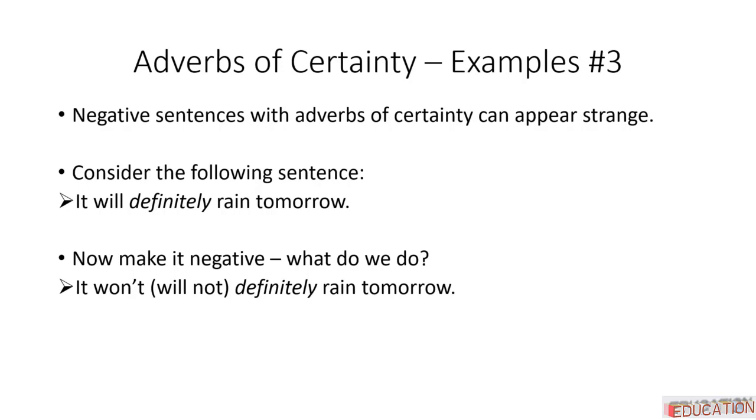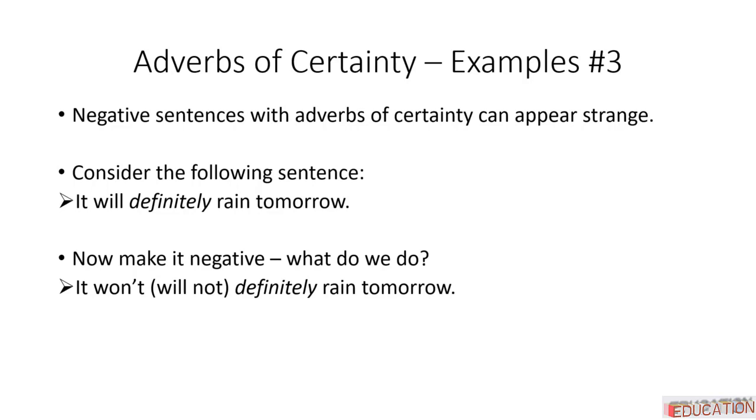Now first, there's two main problems with this. Firstly, people don't actually say this. And also if they did say it, it wouldn't be what we wanted to say. So the opposite of it will definitely rain tomorrow, where we're certain that it will rain, we want to indicate a certainty that it's going to be dry and not rain.